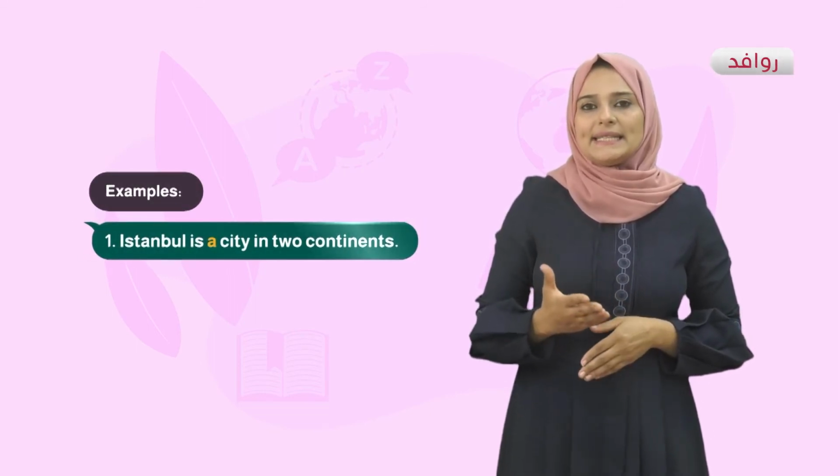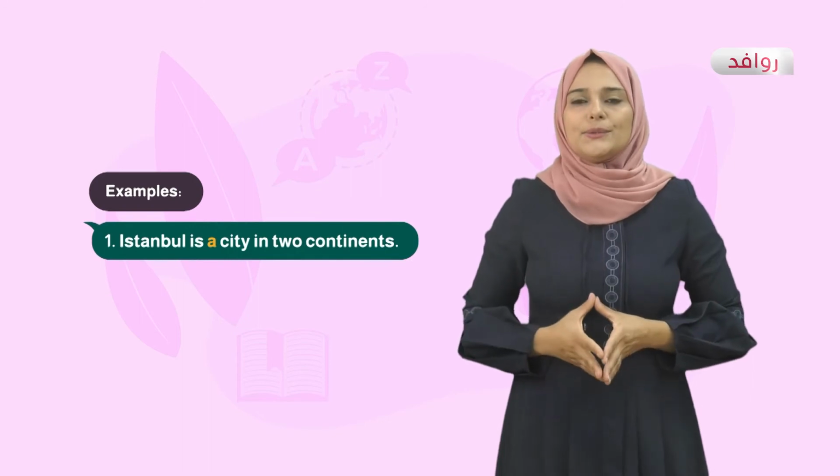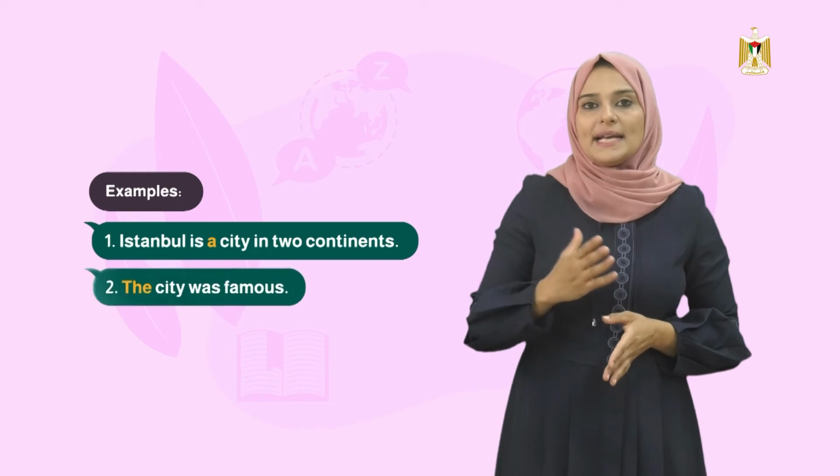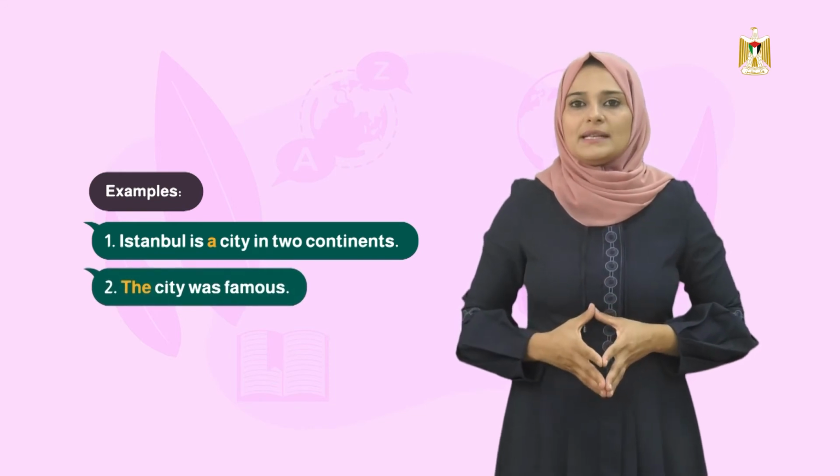Notice these examples. Number 1, Istanbul is a city in 2 continents. Number 2, the city was famous.